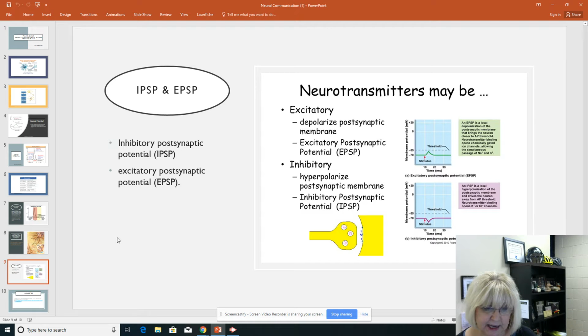So at a given synapse, binding of a neurotransmitter with its appropriate subsynaptic receptor channels always leads to the same change in permeability and resultant change in potential of the postsynaptic membrane. So the response to a given neurotransmitter receptor combination is always the same. The combination does not generate an EPSP under one circumstance and an IPSP under another one.